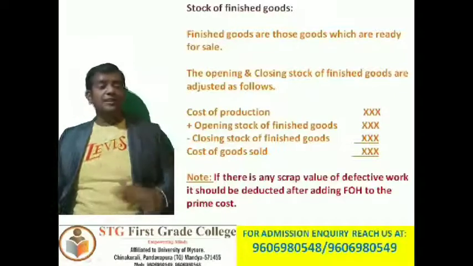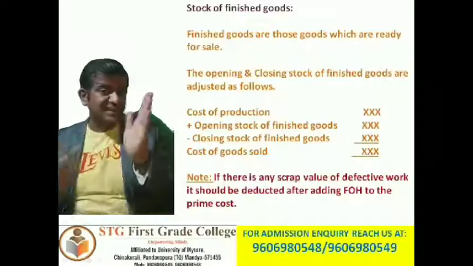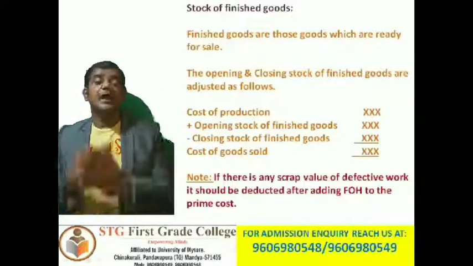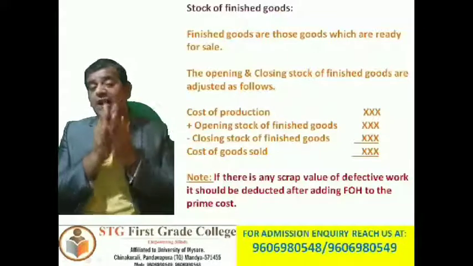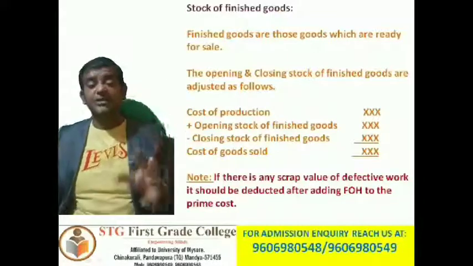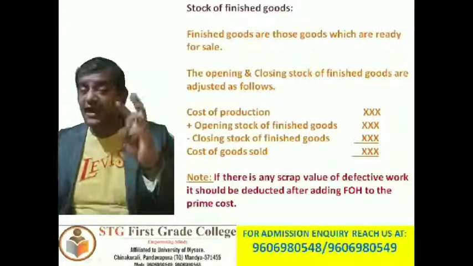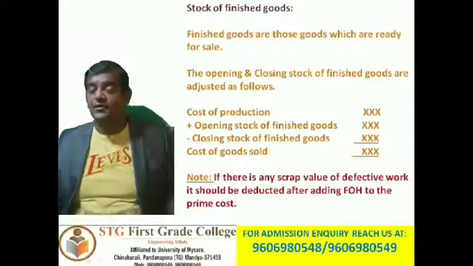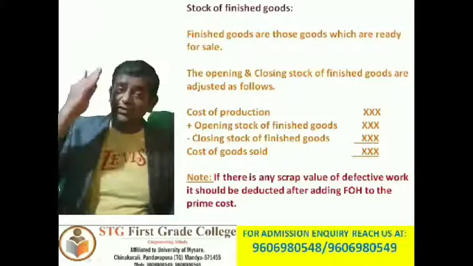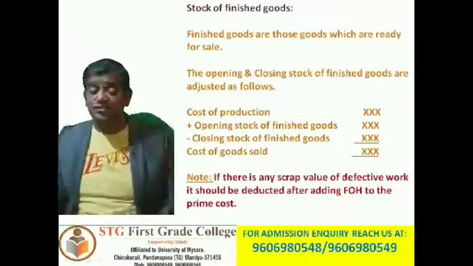I believe you have understood the three different stages of stock. Why do we give stock special treatment while preparing a cost sheet or statement? Because we get three types of materials, taken in different stages of production.